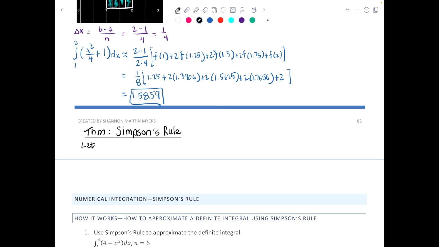Same premise. Let f be continuous on the closed interval from a to b. And let n be an even integer. So this one, n has to be an even integer because of the way the pattern is.